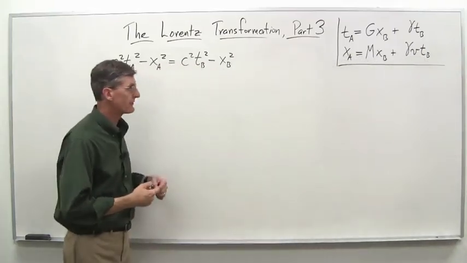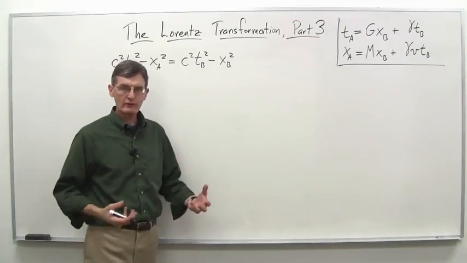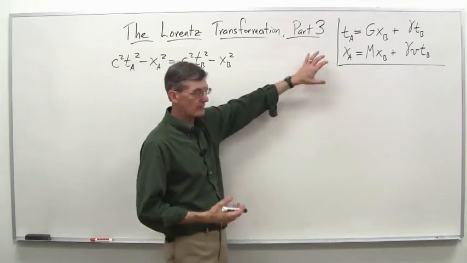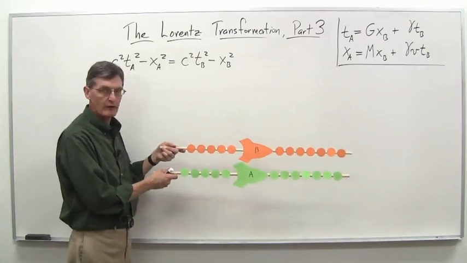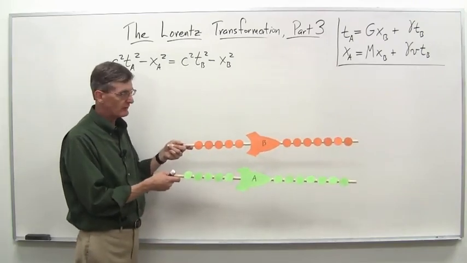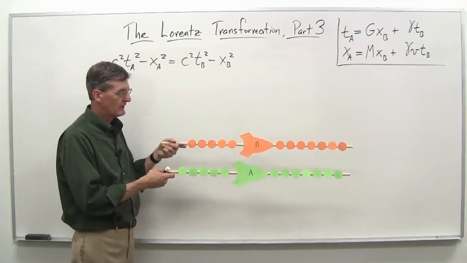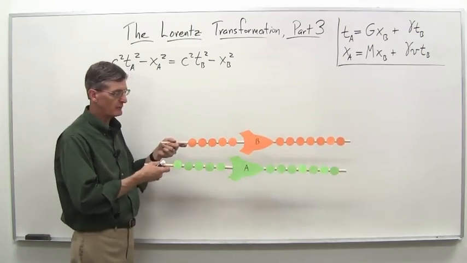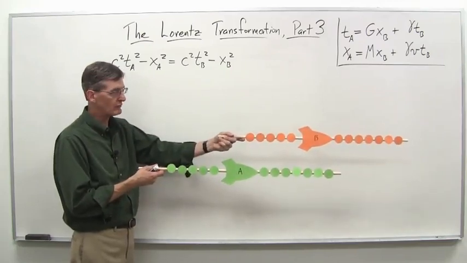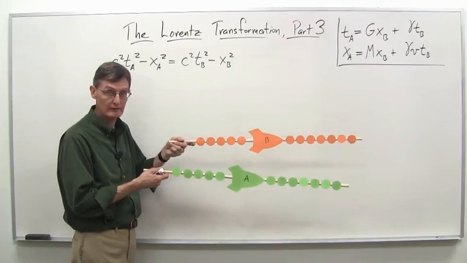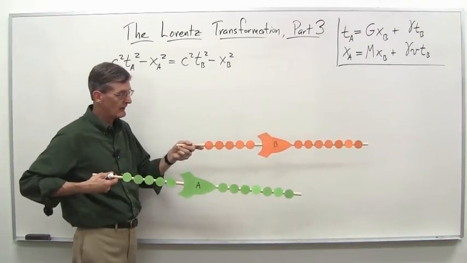On to part 3 now of the Lorentz transformation. Let's remind ourselves where we were. Again, the goal here, I brought the props, remember these, Alice and Bob, so Alice with her lattice of clocks and measuring system, Bob with his lattice of clocks and measuring system. In our example, we assumed Alice was stationary, Bob was moving to the right with respect to Alice, but of course from Bob's frame of reference, he's stationary and Alice is moving to the left.